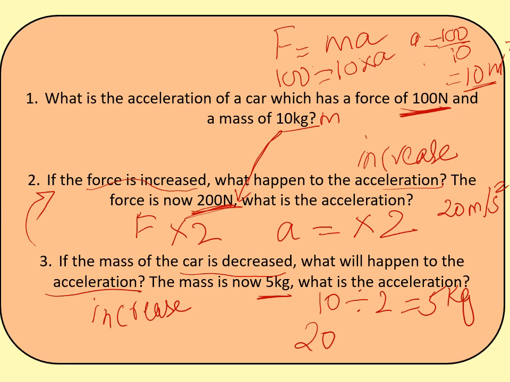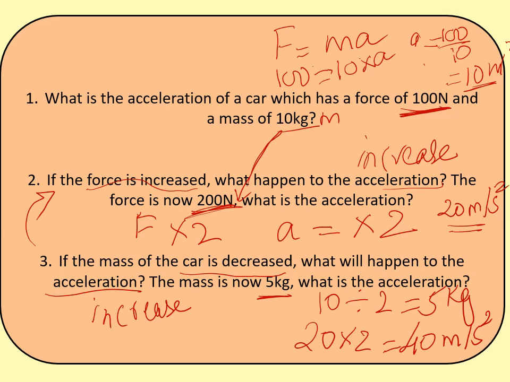So if the mass has gone down by a half, then the acceleration should go up by a factor of 2. So acceleration was 20, you times it by 2, so the new acceleration is 40 meters per second square. So do you get that?